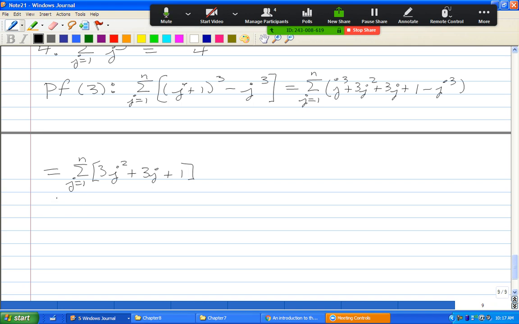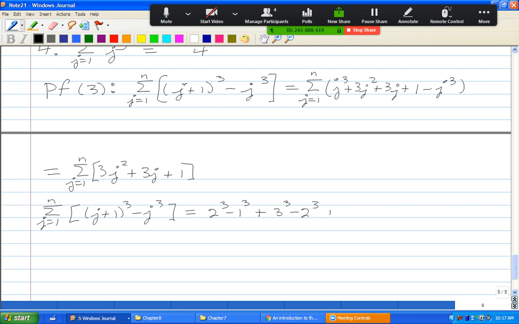So now, let me look at this sum a different way. The sum j equaling 1 to n of j plus 1 cubed minus j cubed. Let's evaluate this. I'll plug in 1. So that's 2 cubed minus 1 cubed. I will evaluate this at 2. So that's 3 cubed minus 2 cubed.